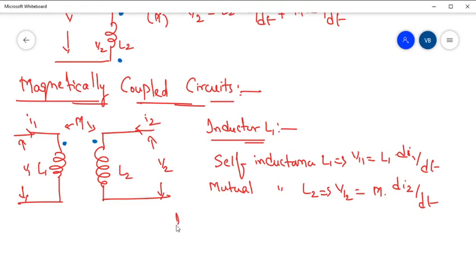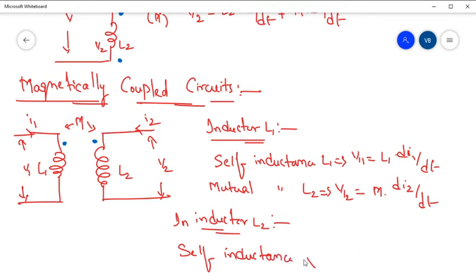Okay, in inductor L2, what happens? You write for the self-inductance first. The self-inductance by L2, that is V21 equals L2 into di2 by dt.